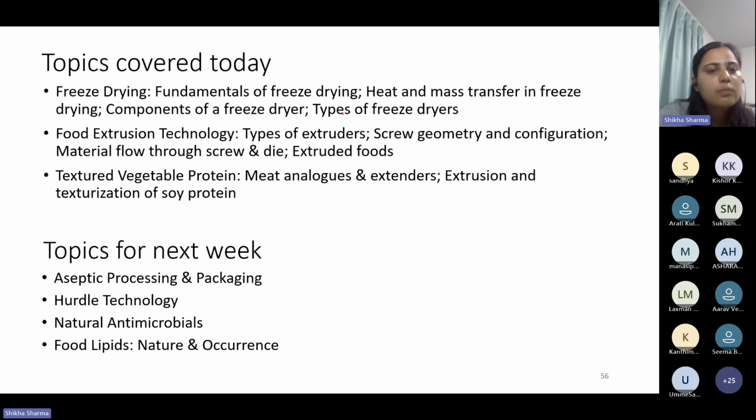Then we discussed food extrusion technology, the twin screw extruder, its geometry, different pitch and lead, and different terms like flight. We discussed how the material flows through the screw and the die: drag flow, pressure flow and leakage flow, and then extruded products, the meat analogs and extruded meat or soya products.